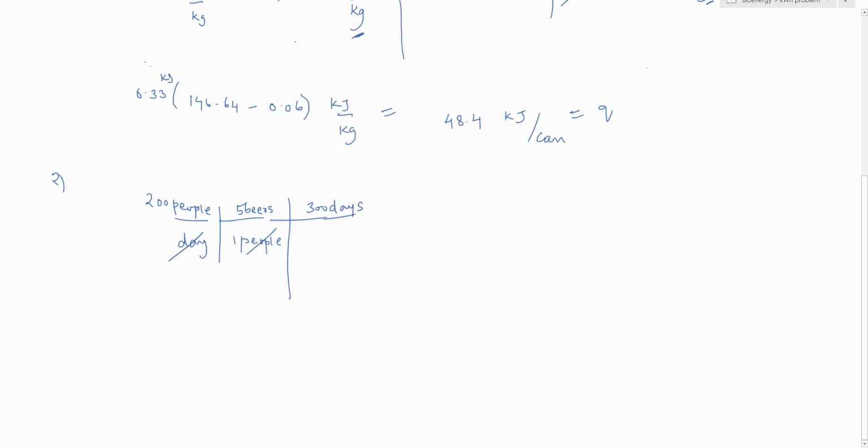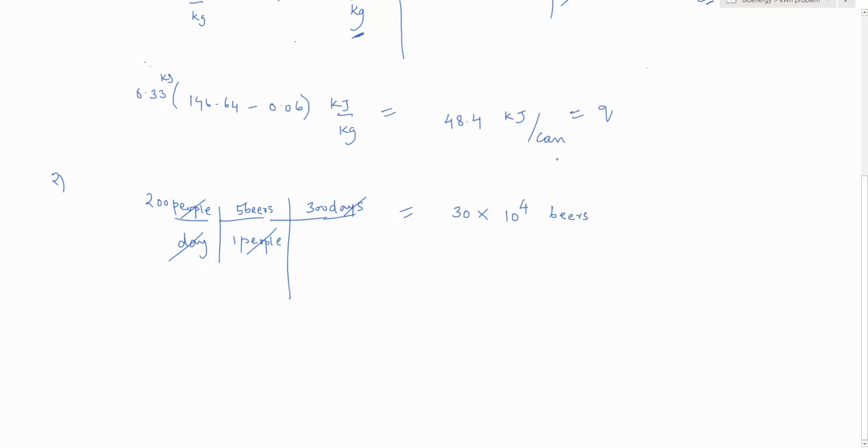So we can calculate the number of beers drunk in 1 year, which is 30 multiplied by 10 to the power 4 beers.